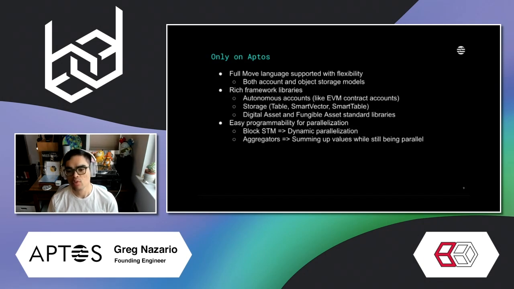We have a bunch of great storage tools around things like smart vectors and smart tables, and these allow for great scalability of data. If you have an allow list of 10 people, you can simply have a vector of those.